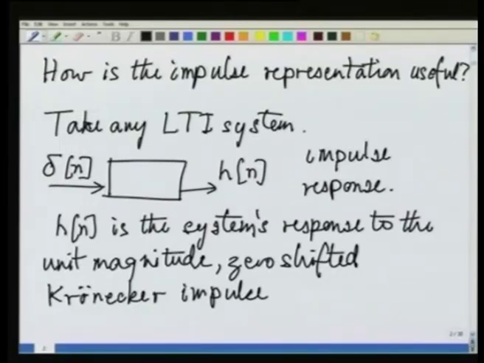Thus, from a knowledge of only one distinguished input output pair, namely delta n and h n, we shall be able to construct every other input output pair in the lookup table that represents our system.